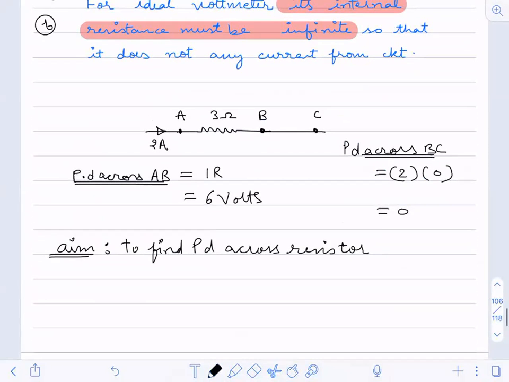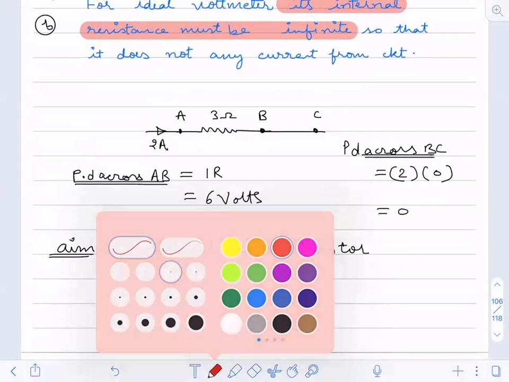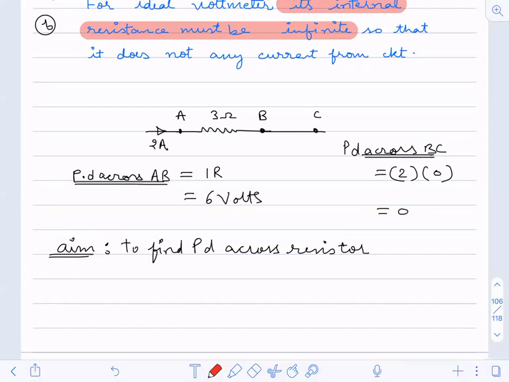Just see. I am giving you 2 positions. This is one position, and this is another position. So this is position 1 and this is position 2. Now, if it is at position 1, what will be the reading at position 1?